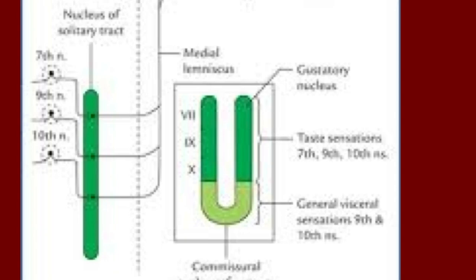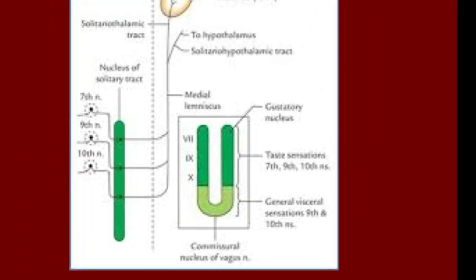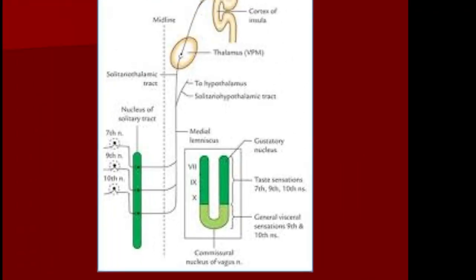And this gustatory nucleus is receiving the special visceral afferent sensation, that is the taste sensation, from 7, 9, 10. General visceral sensation from 9 and 10 is projecting into the lower part, marked as light green, that region of the solitary tract. Or in short, GVA and SVA are represented by the nucleus of solitary tract. That's clear to you? Okay.